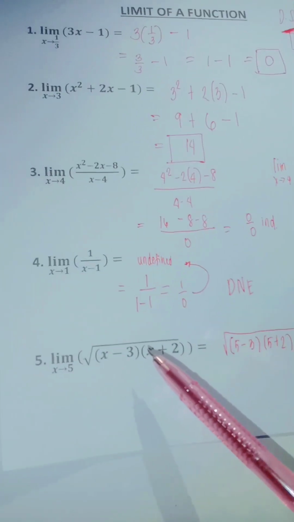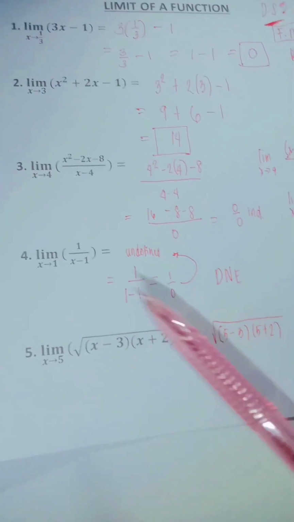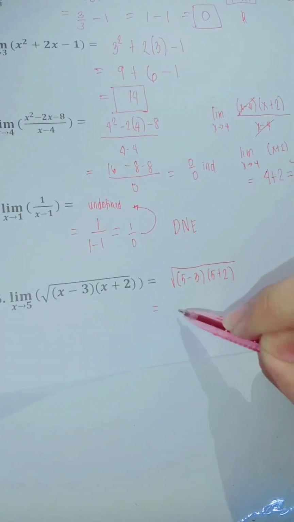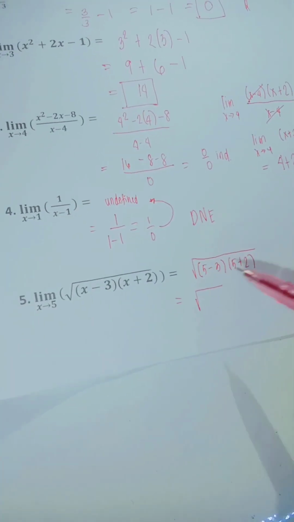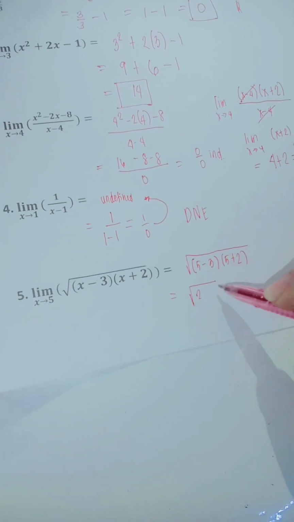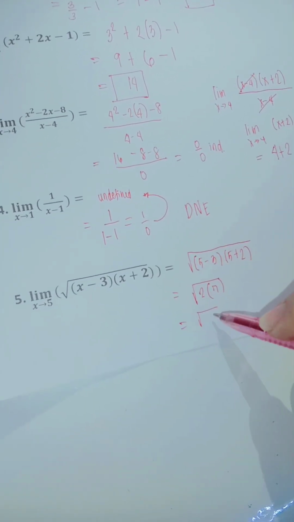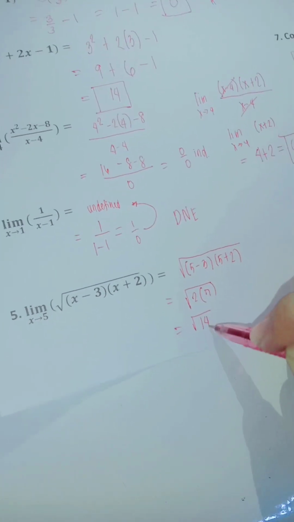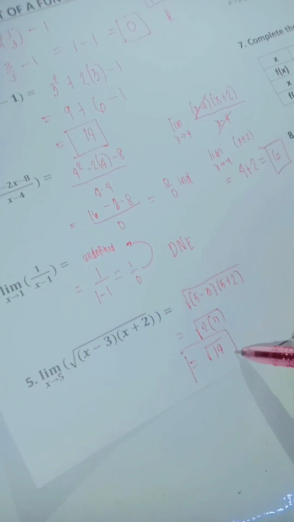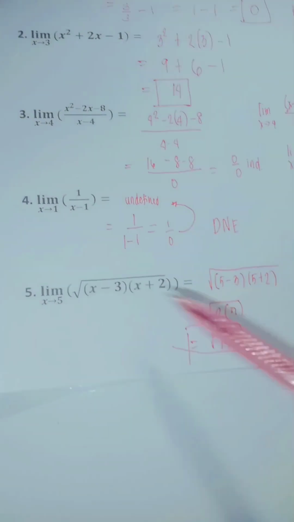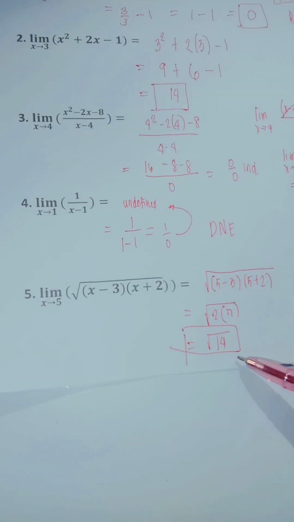So dito hindi na tayo gagamit ng rationalization kung by direct substitution, kaya naman siyang isolve. Simplify further. 5 minus 3 is equal to 2. Then 5 plus 2 is equal to 7. Then 2 times 7 is equal to 14. And this is the final answer for item number 5. The limit of this function as x approaches 5 is equal to square root of 14.